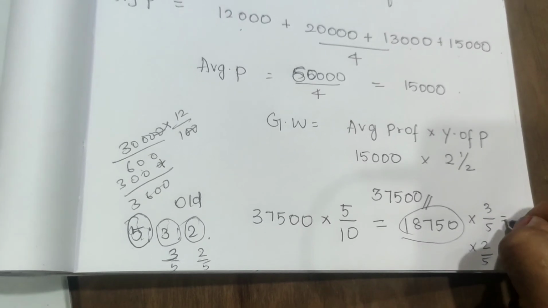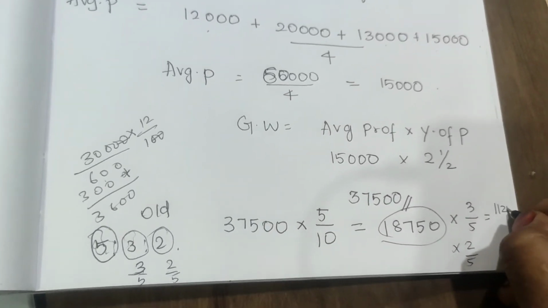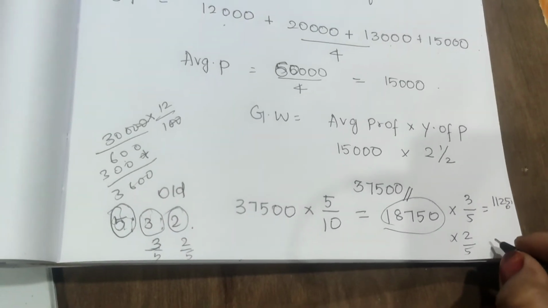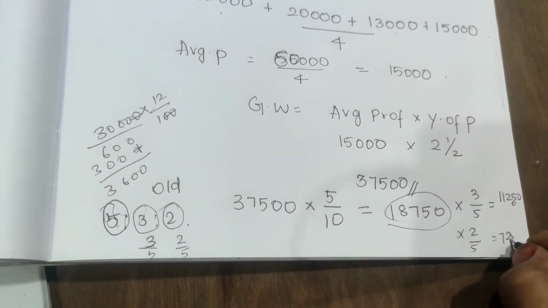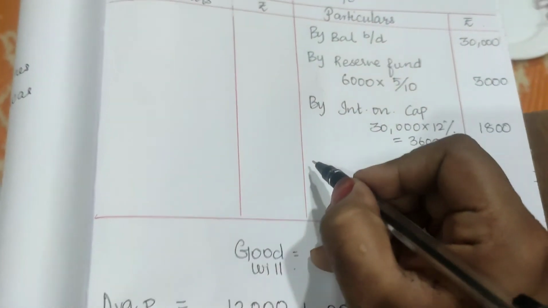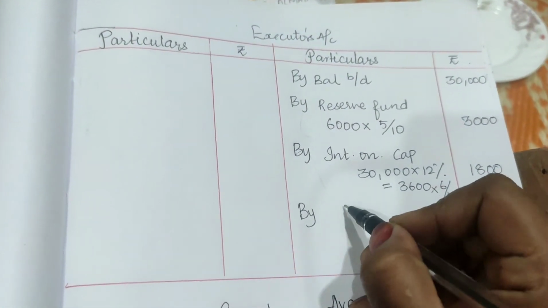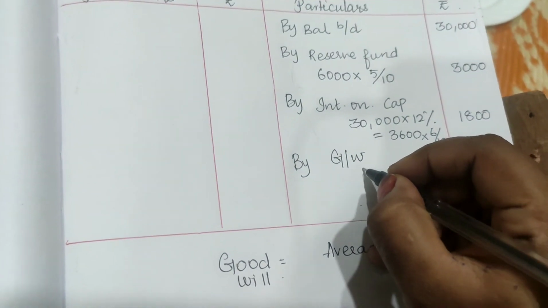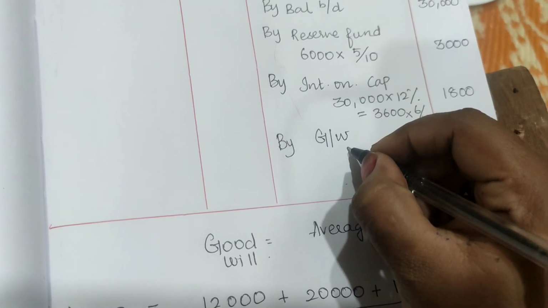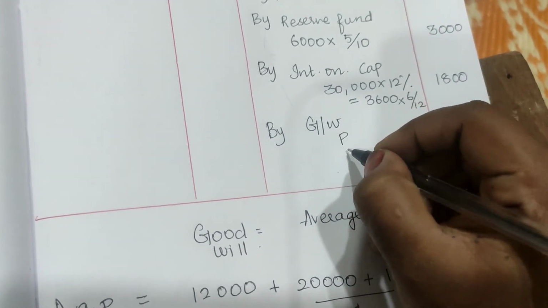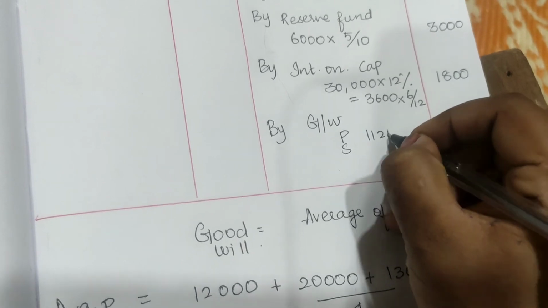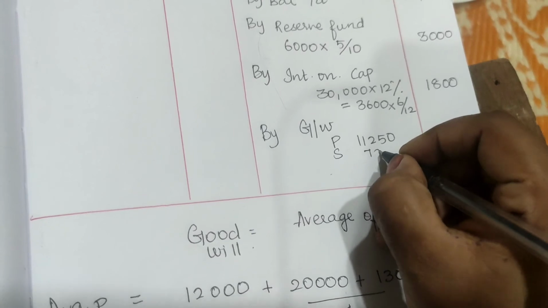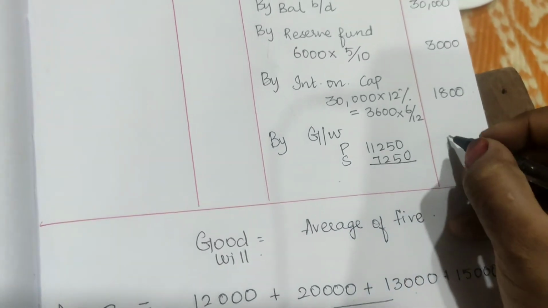By that, the answer will be 11,250 and 7,500. So by goodwill of the partners Prakash and Suresh, 11,250 and 7,500.